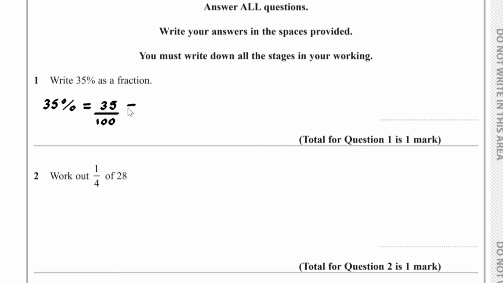So, we can simplify this fraction, dividing the top and bottom by 5. We end up with 7 over 20. So we have 7 over 20.